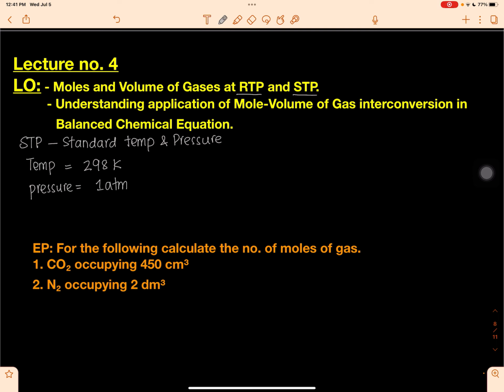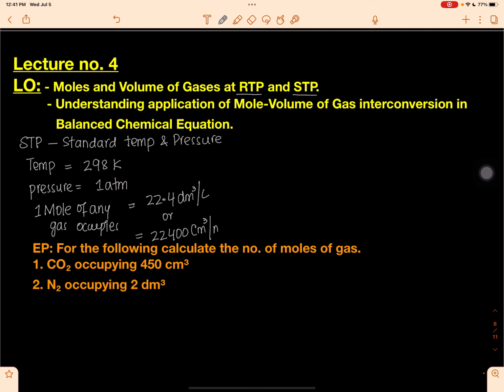At standard temperature and pressure, 1 mole of any gas occupies 22.4 dm cube or liters of gas, or 22,400 cm cube or milliliters of gas.